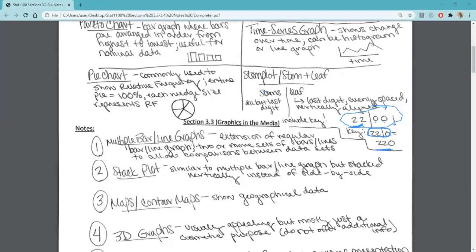So it could be 220 feet, 220 miles per hour, whatever it is that we're talking about. We have our stem and then our leaf. The key does only need to talk about one possible data value. It does not have to be for every single value in there. So here for this stem and leaf plot, just having this key representing this one data value is okay.